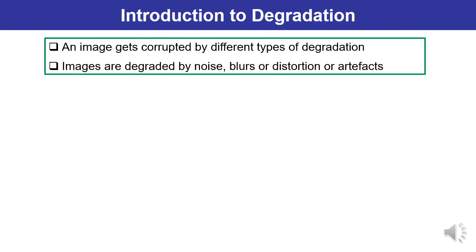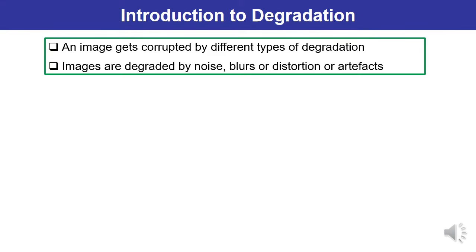There may be a certain information loss, some degradation in the colors, some intensity variations. You can observe all these things visually very well. These are the degradations in the quality of the image, meaning image quality is being reduced and is not as good as required.